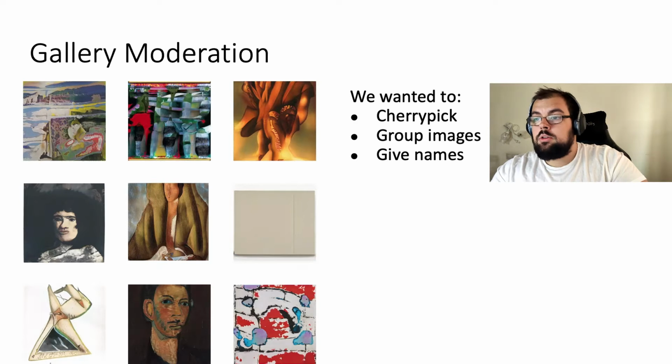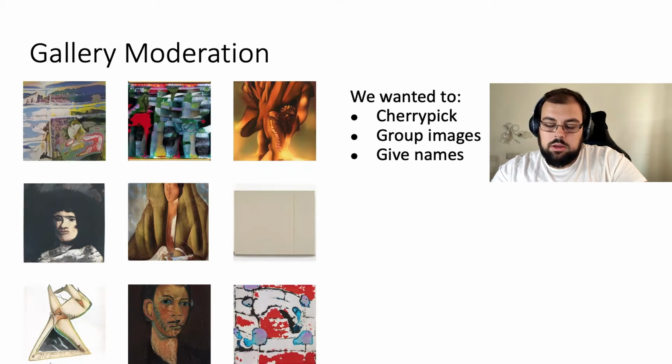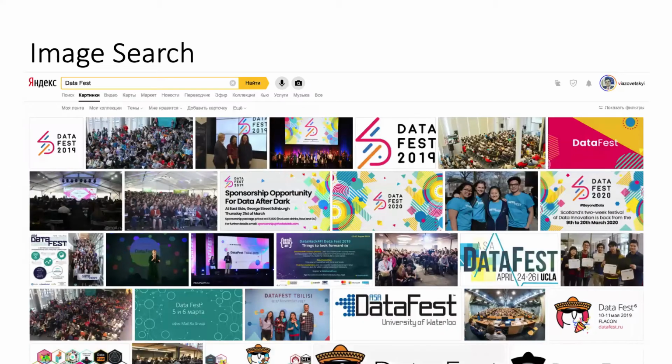In order to better understand how all of this was achieved, let's take a step back and look at image search. As you probably all know, it's a service provided by Yandex as well as other companies. It allows users to get images matching their text request.